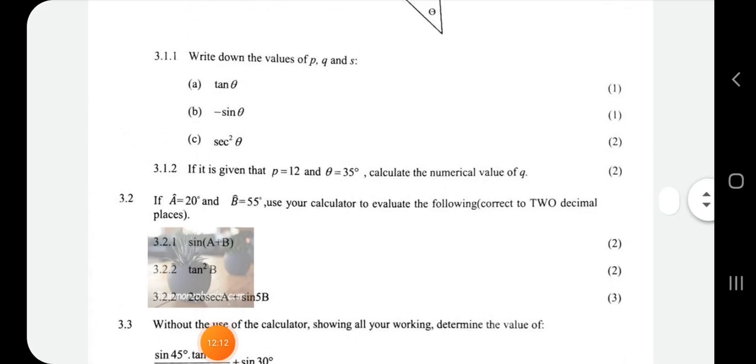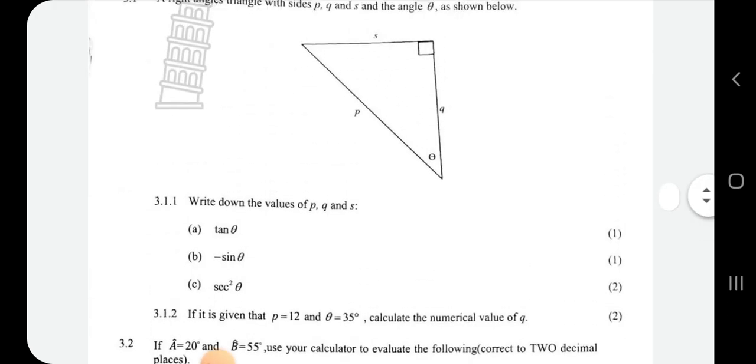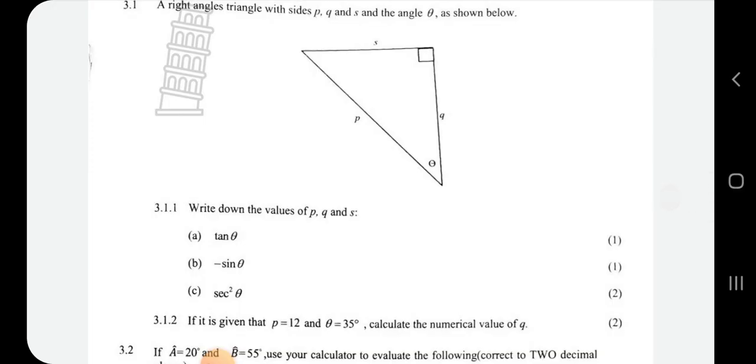All right. 3.1.2 says, if it is given that P equals 12, the hypotenuse, and theta equals 35, then calculate the numerical value of Q. We said Q is the adjacent side.